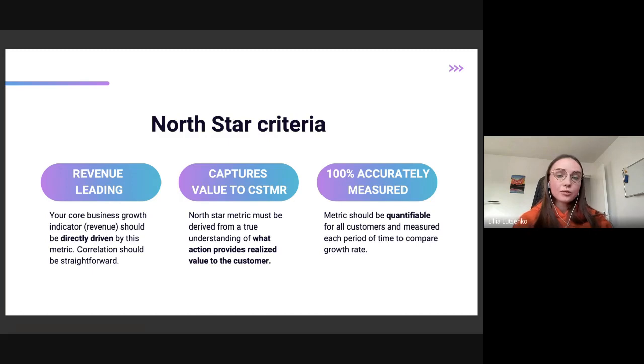There are 3 pieces of advice on it, maybe more, but I found these 3, and I trust them. First, the most important metric for your product should be revenue leading: if this metric is increasing, your revenue will be increasing as well. There is a strong correlation between these 2 indicators, and causation as well. Second, this metric should demonstrate how well you capture value and how well you deliver value to the customer.